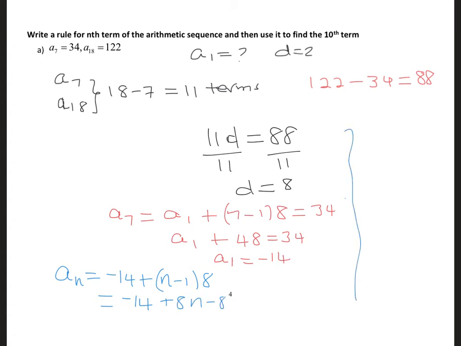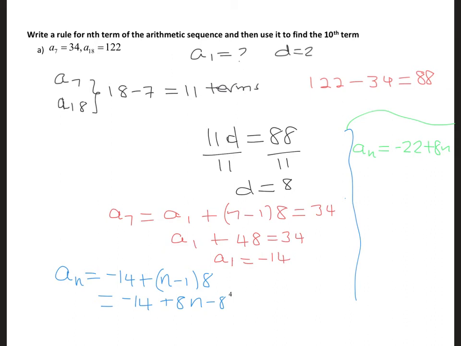So that means the nth term is going to be -22 plus 8n, or you could just say 8n minus 22.